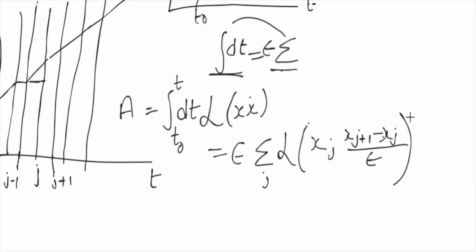By differentiating this function with respect to xj, and j stands here for time. Now let's take a particular point. Suppose this particular point is c here. Let's differentiate this expression with respect to xj, keeping everything else fixed.